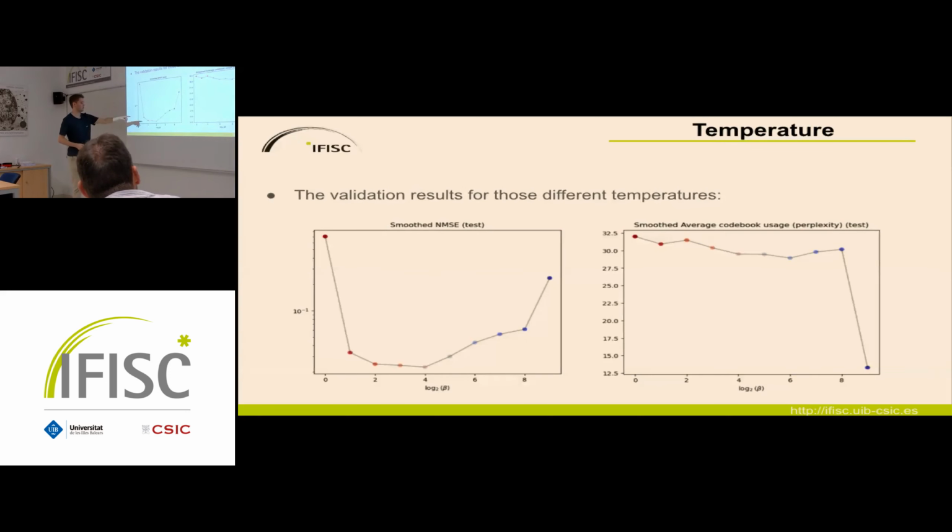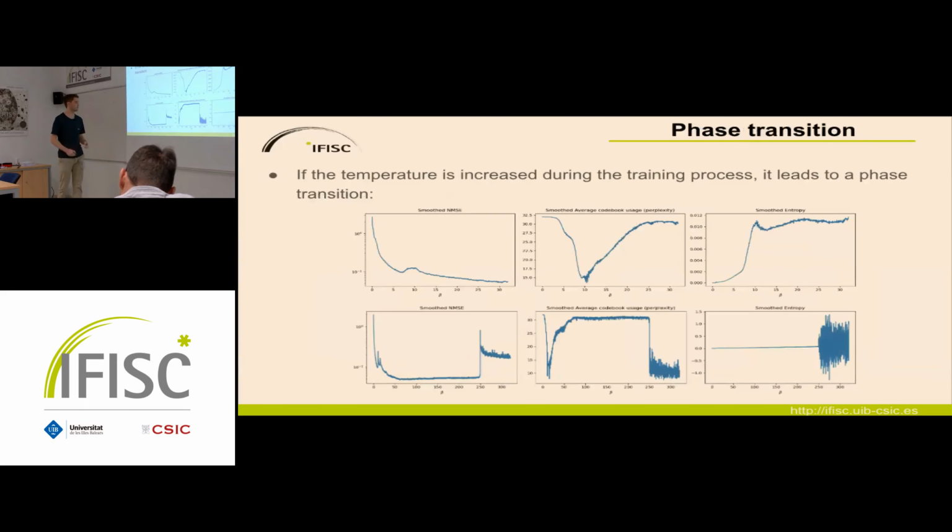I think it's clear, this kind of curve, and what we will be doing is comparing this model in this range of temperatures to other models that have been proposed. So here is the average codebook usage, and we can see that if there were 32 codebooks, most of them are being used for a quite long range of temperatures. So this is a useful thing to have.